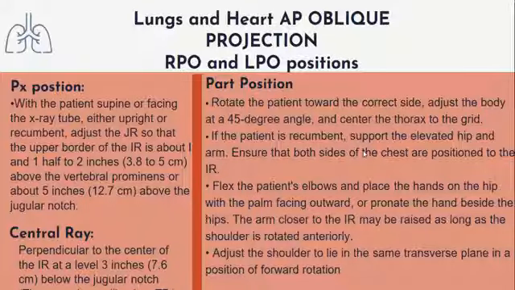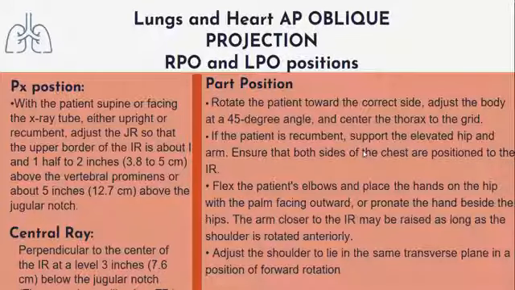So the body part being positioned should be like this, and we need to rotate the patient toward the correct side. We need to adjust the body at a 45-degree angle and center the thorax to the grid. If the patient is recumbent, we need to support the elevated hip and arm, and ensure that both sides of the chest are positioned to the IR.